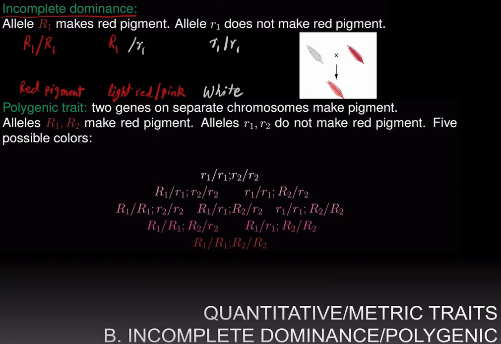The number of pigment making alleles, or the big R1 alleles that you have, determines how dark the color is, and therefore this number, the number of pigment-making alleles, is called the dose.